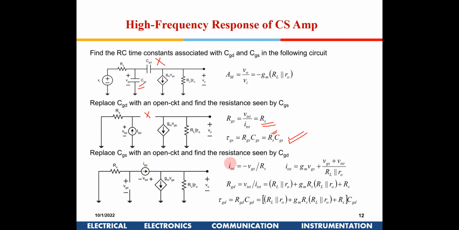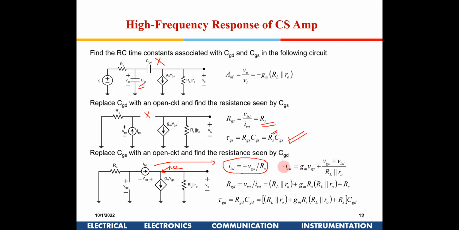So one equation is I test is equal to VGS into RS. Is this equation clear to all of you? One equation. Yeah, it's from the above one. Yeah, from here, CGS, it is coming from here. This is one equation. Again, I am writing a KCL at this node.